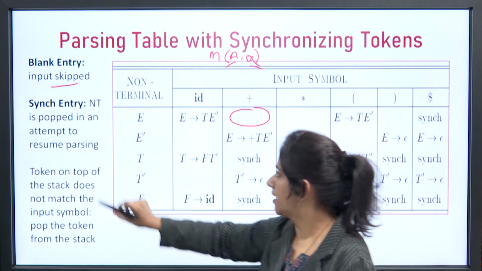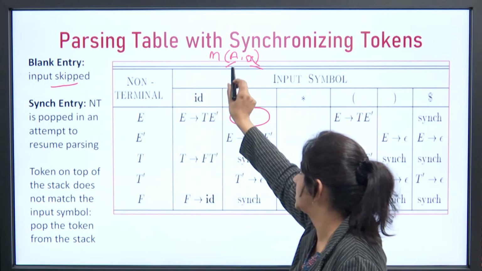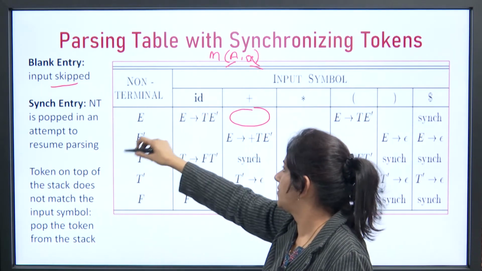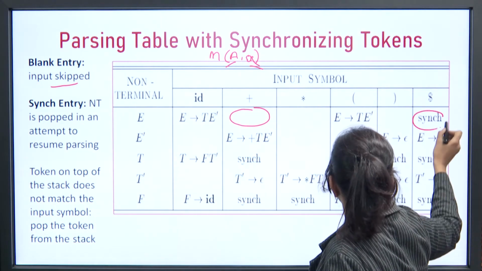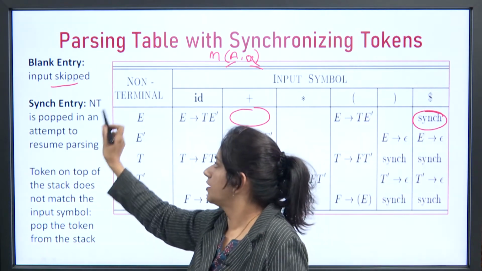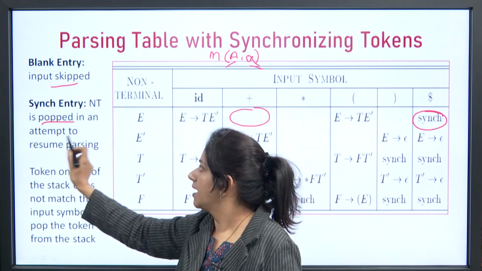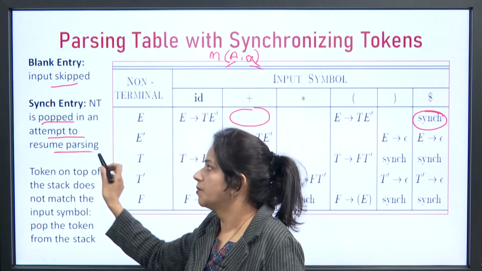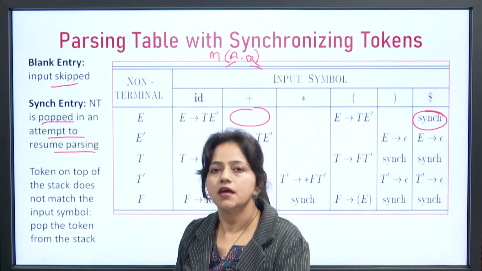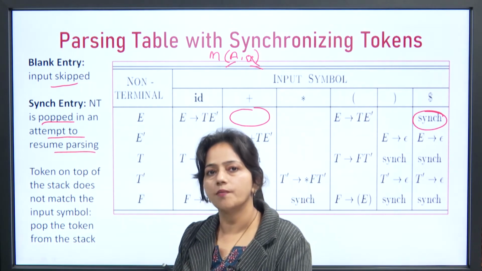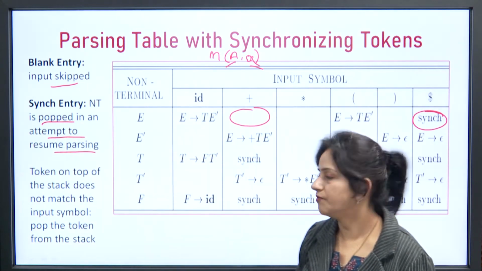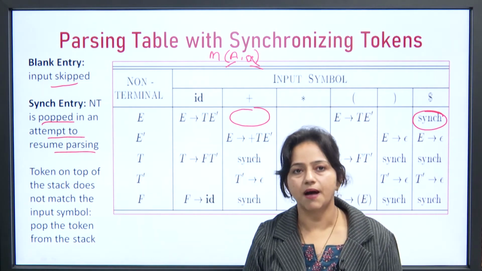Now, if we are fetching A comma a and we hit an entry like sync, then the non-terminal is popped in an attempt to resume parsing. In this case, we will pop the non-terminal from the stack and try to resume the parsing.